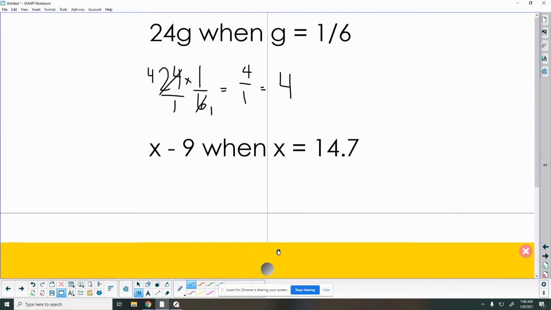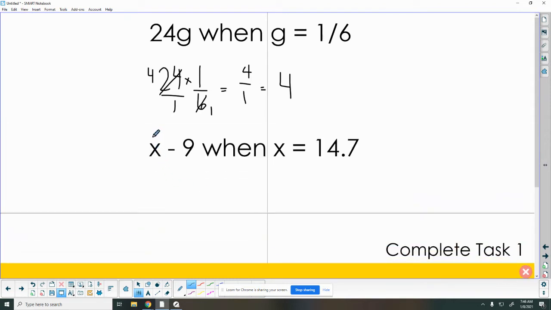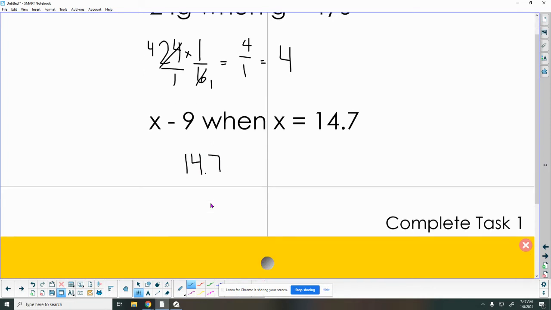Let's try another one here. So we have x minus 9, when x equals 14.7. Go ahead and write down the problem. So we have 14.7, and I know I need to subtract, so I'm just going to stack my numbers right here instead of writing it horizontally.